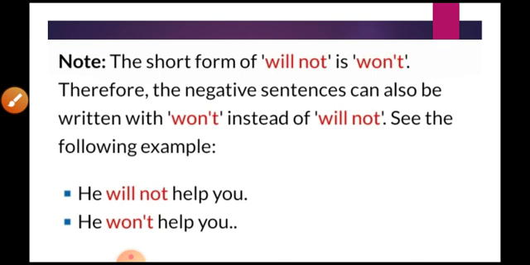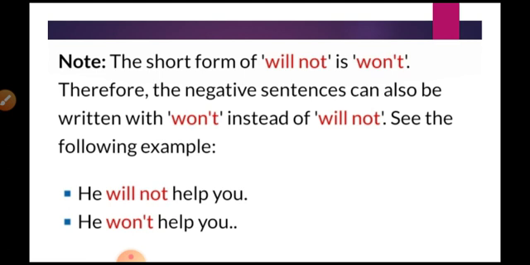Now, this is a very important thing to be remembered while doing tenses, that the short form of will not is won't. Therefore, the negative sentences can also be written with won't instead of will not. Now see the following examples.